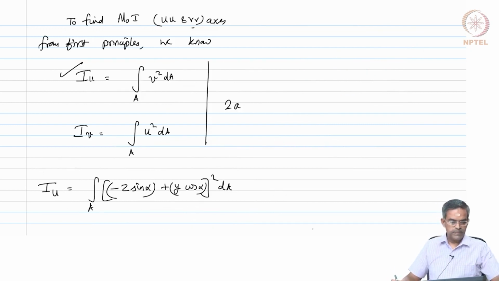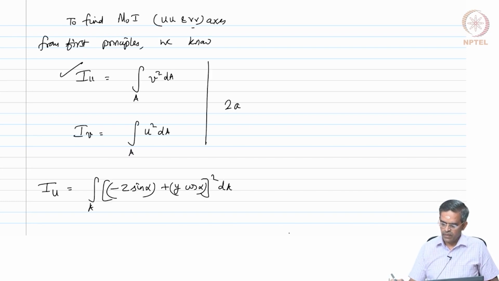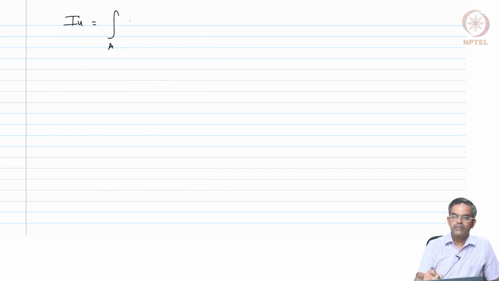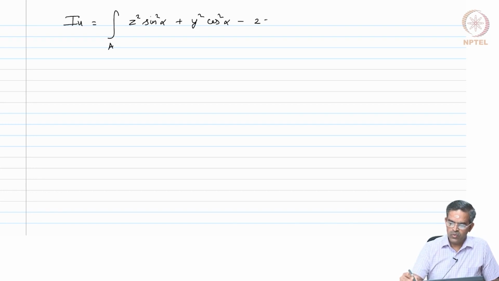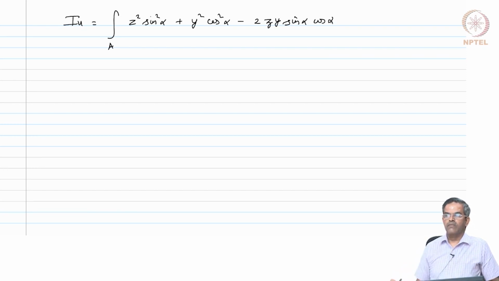Let us expand this. So, let us say IU is equal to integral of Z square sin square alpha plus Y square cos square alpha minus 2 ZY sin alpha cos alpha dA.